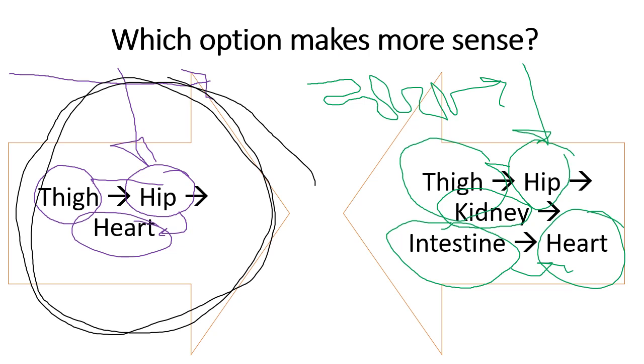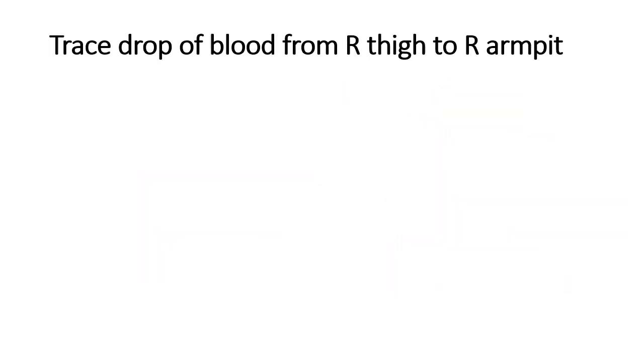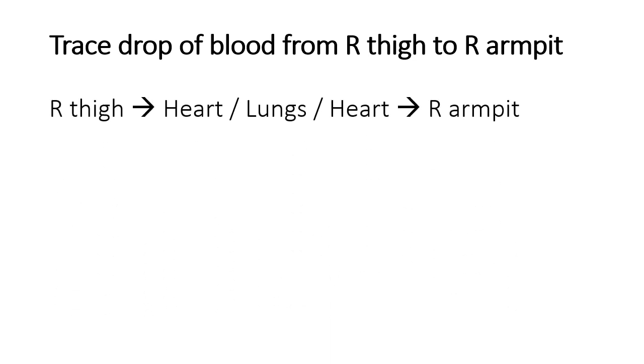So let's do an example together. Let's say you've been asked to trace a drop of blood from the right thigh to the right armpit. So let's work this out together and let's take the approach of 3 miniature traces. Your first trace, again, is going to go from the right thigh on veins to your right atrium.